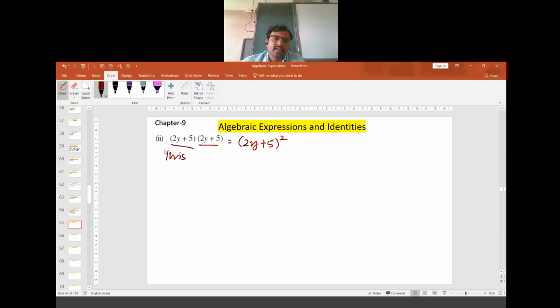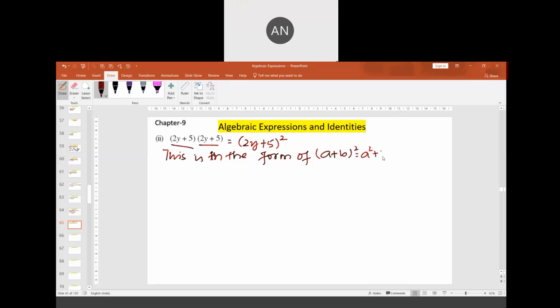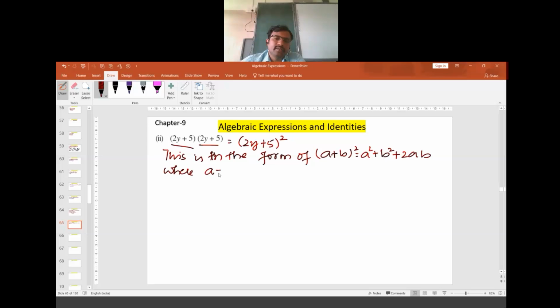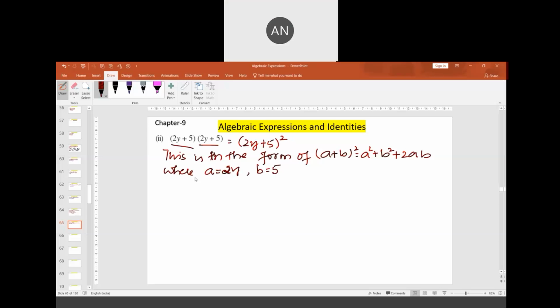Now to write the sentence, this is in the form of a plus b whole square, which is equal to a square plus b square plus 2ab, where a is 2y and b is 5.